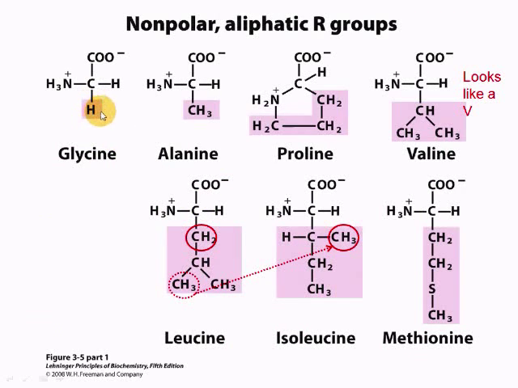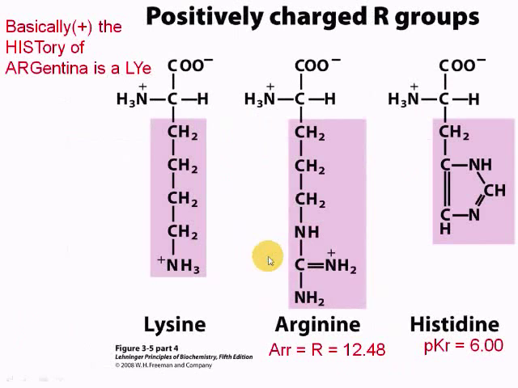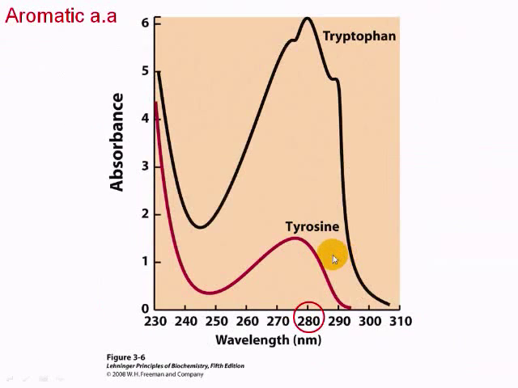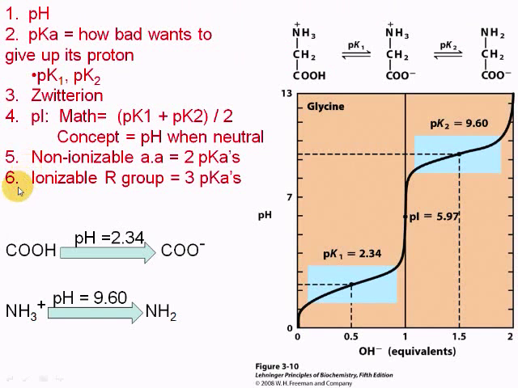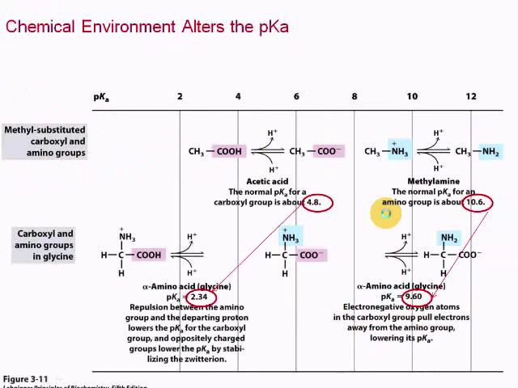And so these are all non-ionizable R groups because their R groups will not develop a charge, whereas arginine and histidine, they do have ionizable R groups because their R group will develop a charge. And then ionizable R groups will have 3 pKs. So they'll have pK1, pK2, and pKr.